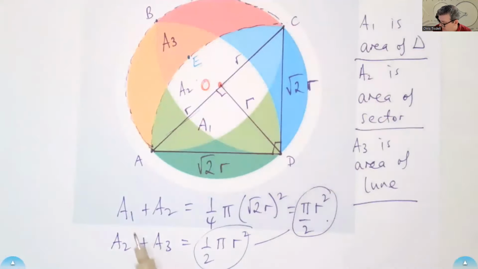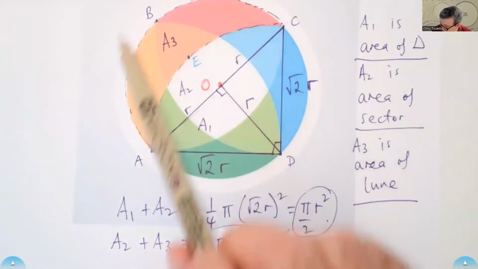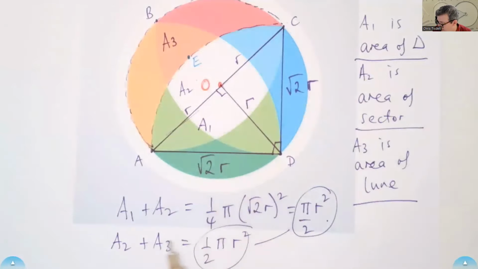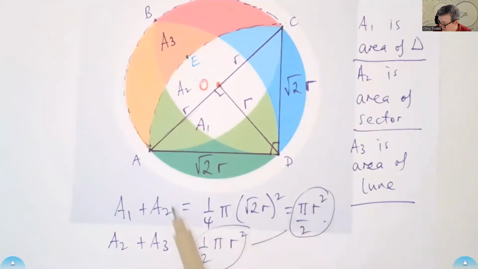So, you know, essentially we want to show that this triangle's area is equal to this lune's area, right? And this is actually what's happening here. You've got the area of the triangle plus the area of the sector equals that. The area of the sector plus the area of the lune equals that. So these things are equal. So what does that tell you?